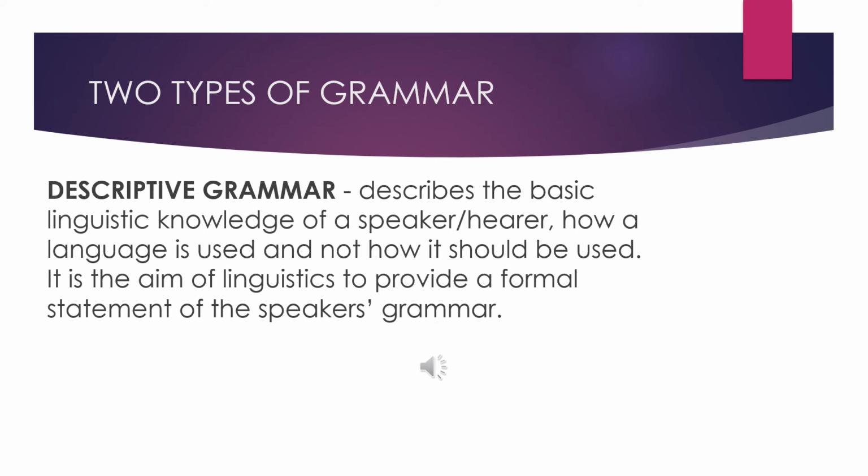It is the aim of linguistics to provide a formal statement of the speaker's grammar. So in other words, it is our basic linguistic knowledge, how we express ourselves, how we share our thoughts and opinions, regardless of whether it is grammatically correct or not.